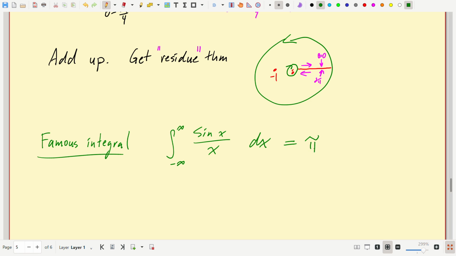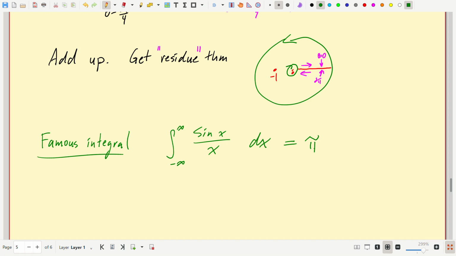That integral comes up in optics. And if you ever looked at the parallel slit interference of light, it comes up there also, in a key way. And every now and then you actually need to know the exact value of this integral, especially if you study Fourier series.